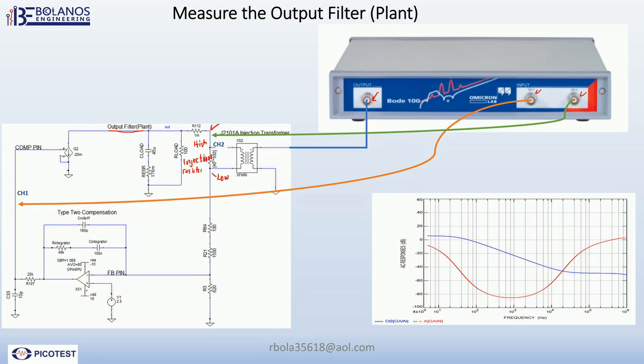So this is channel 1. We're going to connect it right there, and this is the COMP pin of the PWM. And once you connect it, then you should get a waveform looking like that. Here you can clearly see the pole, and you can see the 0 here.